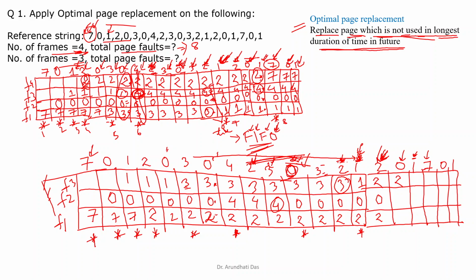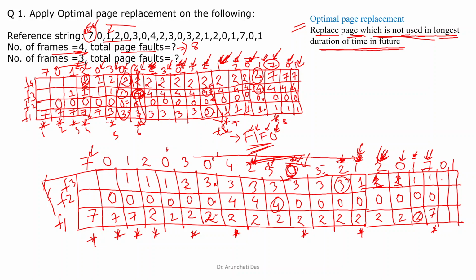Sorry, this one is 1, it is there in the main memory, no page fault. 1 is there in the main memory, no page fault. And lastly 7. Out of 1 0 2, 2 is the one which I am not going to use, right? So I will replace that one. 1 0 7, it is a page fault.